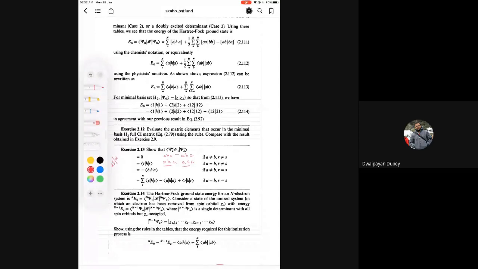Because here A is not equal to B, R is not equal to S. Now, in the same situation, if I put A equal to B, so let's say I replace B by A, then now what do I have? Then I have one orbital different in the two cases.